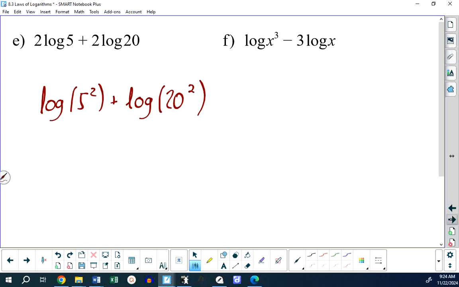Now we move the exponents up and bring the logarithms together. So this is going to be the log of, well, 5 squared is 25. Times 20 squared is 400.